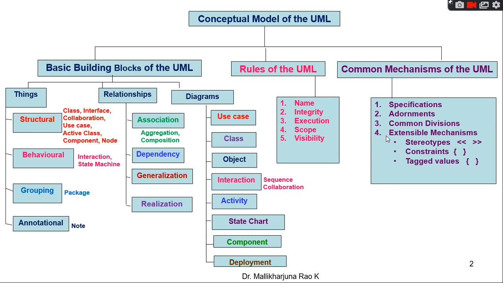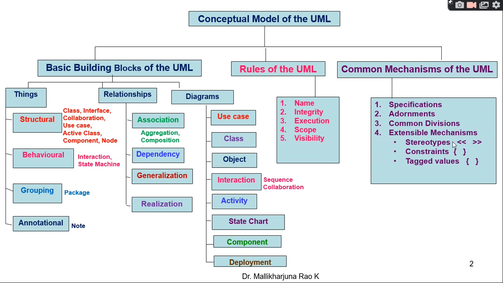And then extensible mechanisms. In these common divisions we will use extensible mechanisms, since from which element the sub element is defined is not easy to recognize when we go to the lower level. So we'll use these extensible mechanisms for easy recognition.